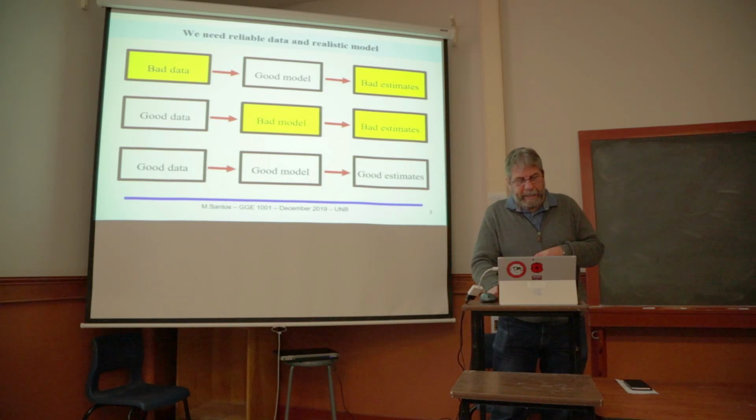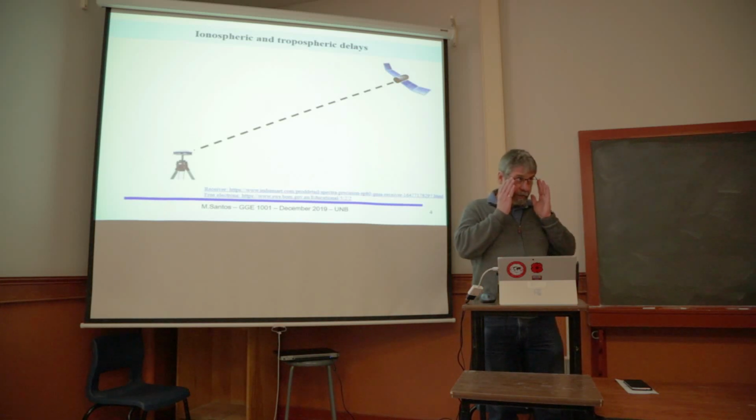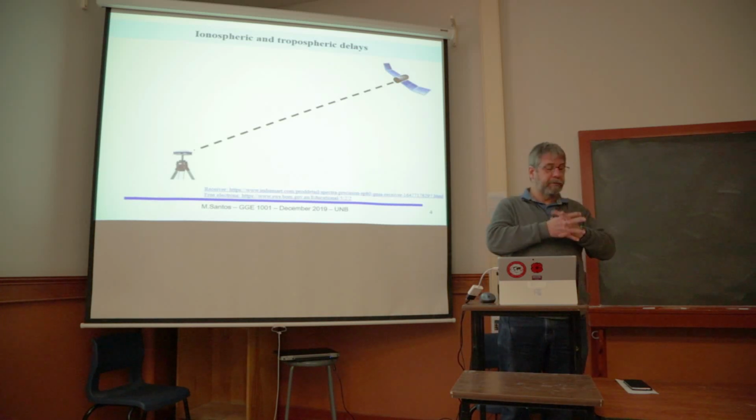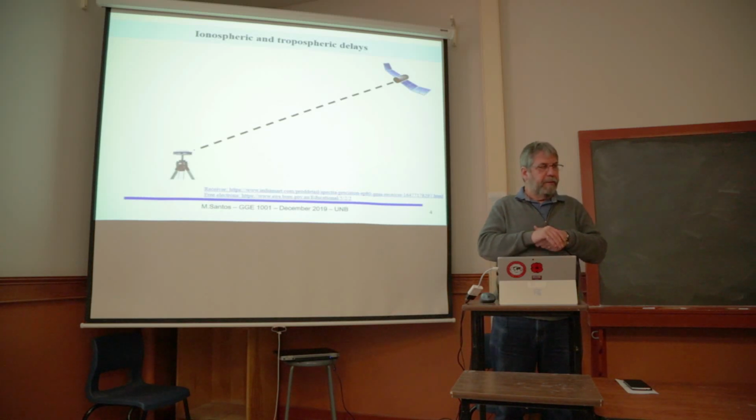Now, where is our good data going to come from? In our context here, we're talking specifically about the delay that the electromagnetic signals coming from GNSS suffer when crossing the lower layer of the atmosphere.